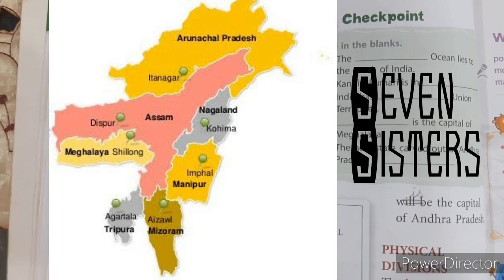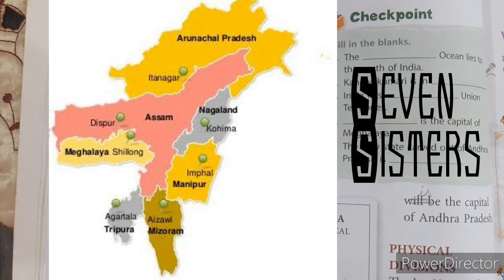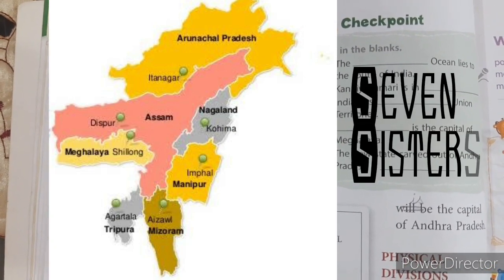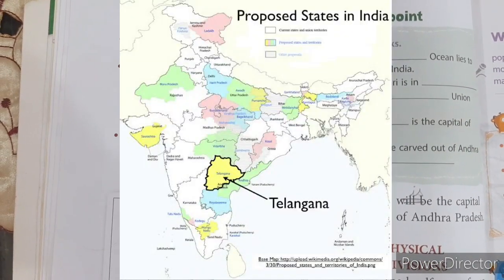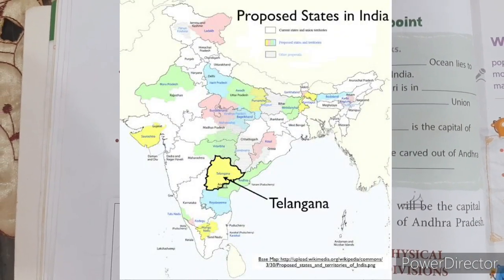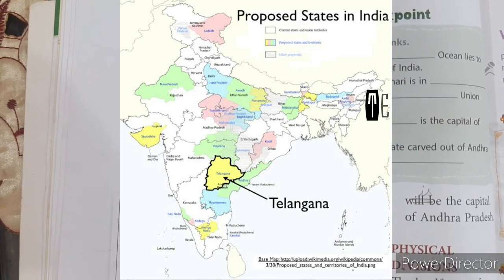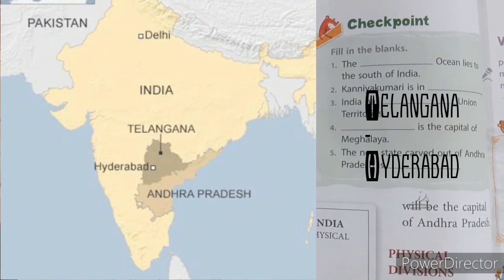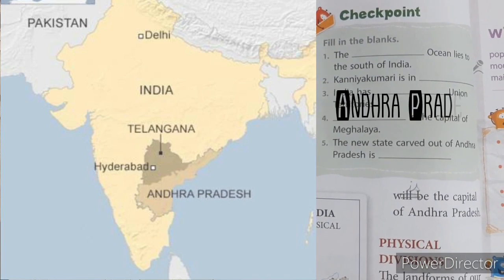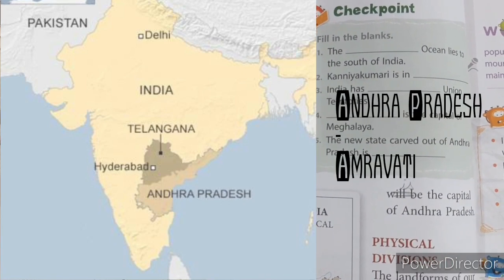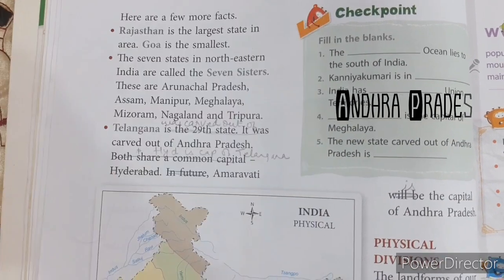These are Arunachal Pradesh, Assam, Manipur, Meghalaya, Mizoram, Nagaland and Tripura. Telangana was carved out of Andhra Pradesh. Hyderabad is the capital of Telangana, whereas Amravati is the capital of Andhra Pradesh.